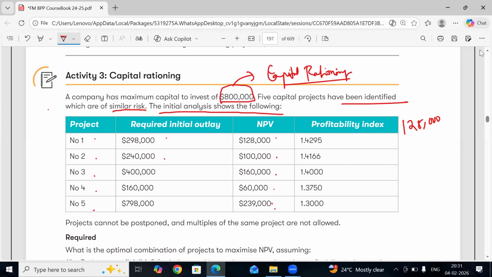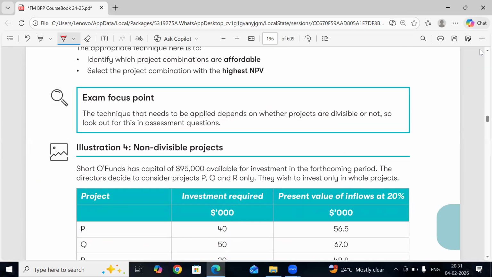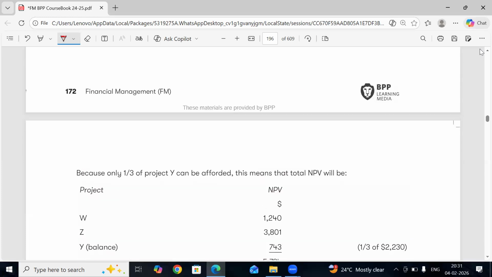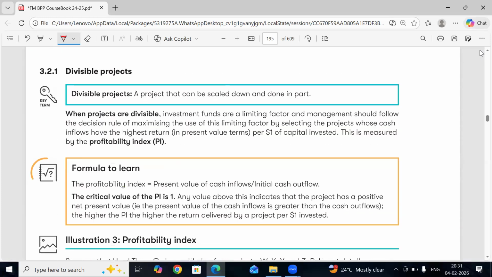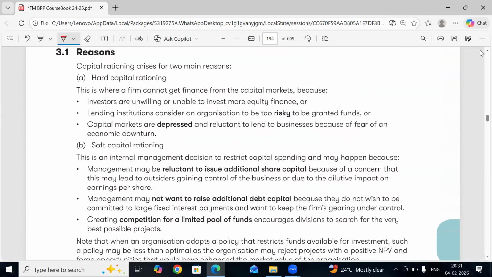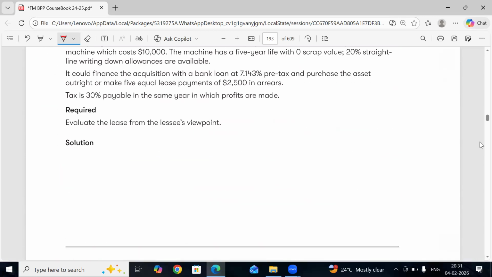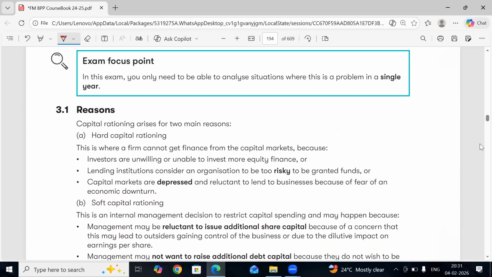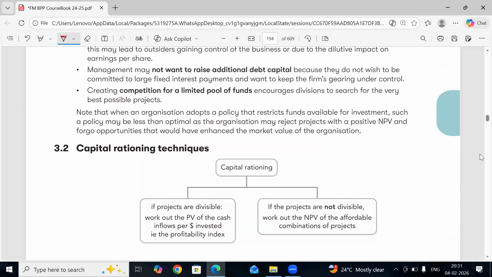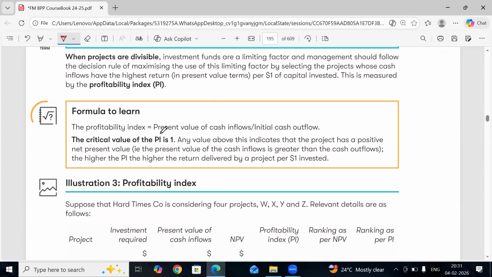Profitability index is present value of cash inflows by initial cash outflow.